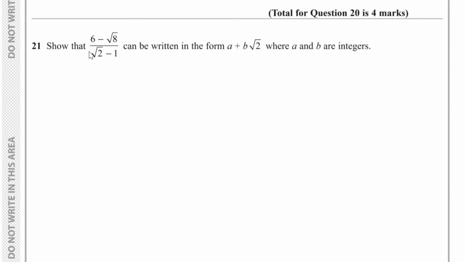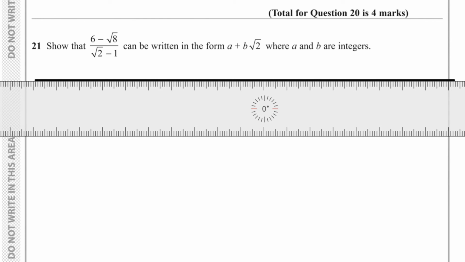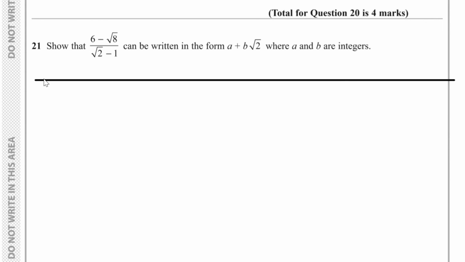Question 21, we have to show that 6 minus root 8 over root 2 minus 1 can be written in the form a plus b root 2, where a and b are integers. Well, let's begin with what we've been given: 6 minus root 8 over root 2 minus 1.